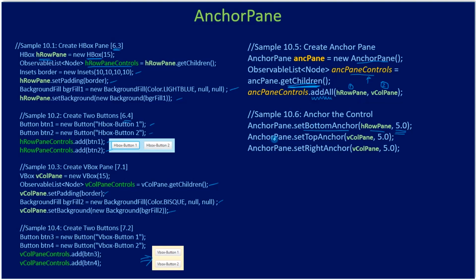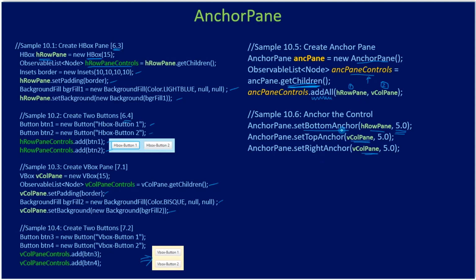Next, we use the same AnchorPane, and we set top as well as right anchor for our vcolPane. So this is the vcolPane, and we are fixing a distance of 5 pixels for top as well as right.